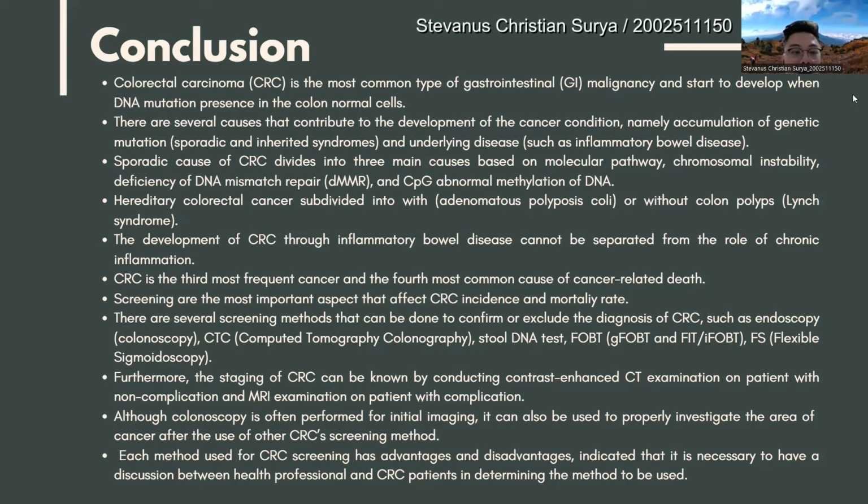There are several causes that contribute to the development of the cancer condition, namely the accumulation of genetic mutation, sporadic or inherited syndromes, and underlying disease such as IBD, or inflammatory bowel disease. The causes of CRC can be divided into three main causes based on molecular pathway: chromosomal instability, deficiency of DNA mismatch repair or dMMR, and CIMP, abnormal methylation of DNA.